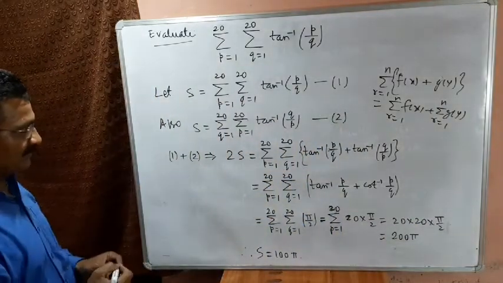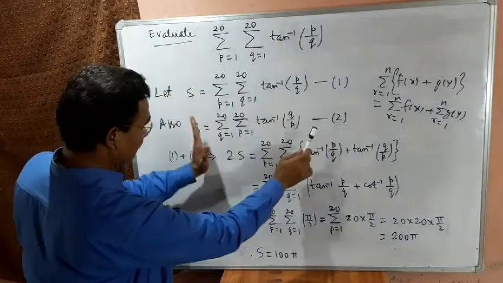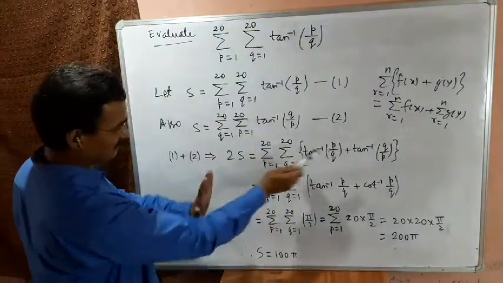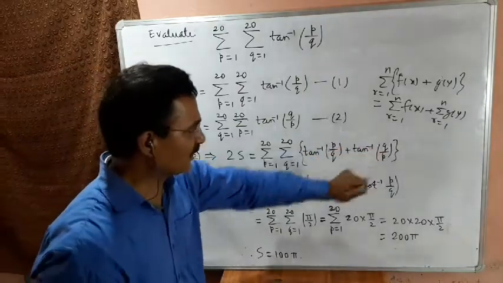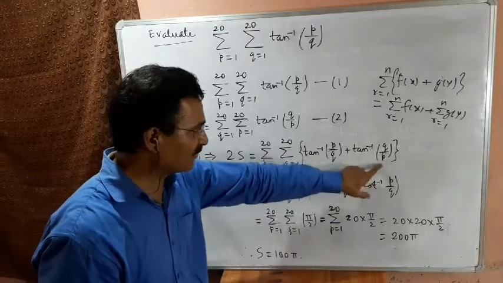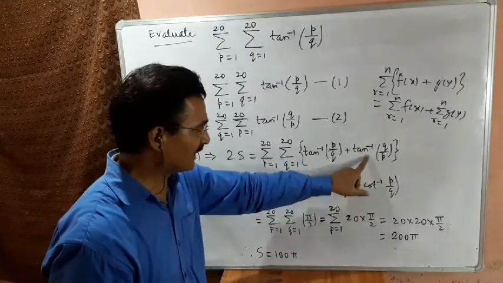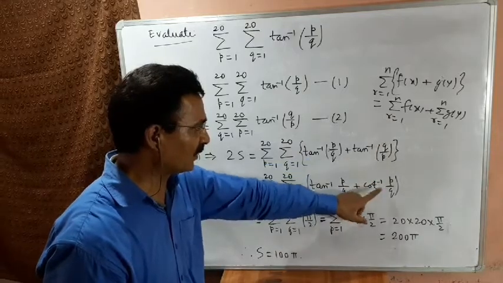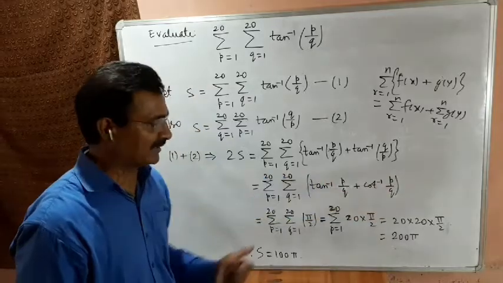Same thing I am doing: we have to write this plus this, with the common sigma taken out. Tan inverse P by Q plus tan inverse Q by P. Now tan inverse Q by P can be written as cot inverse of 1 by (Q by P), meaning finally cot inverse P by Q.